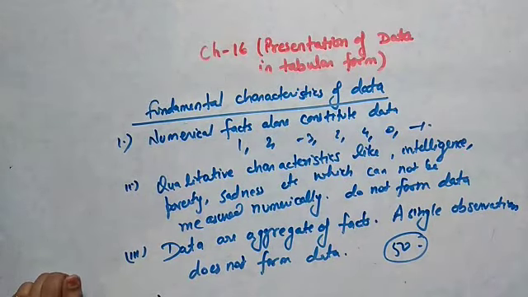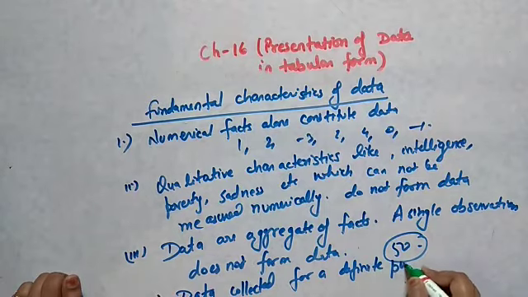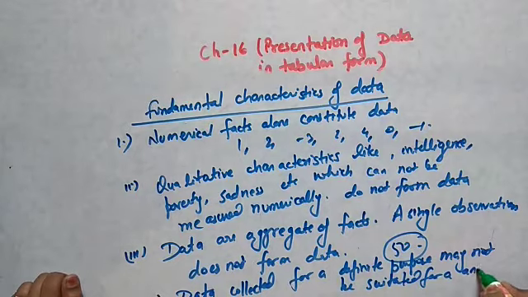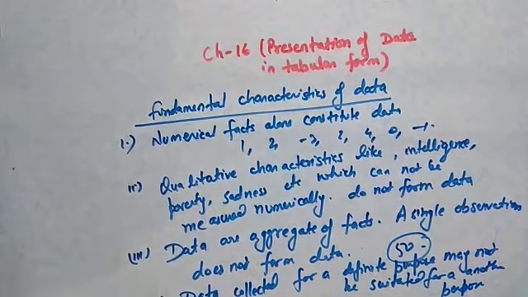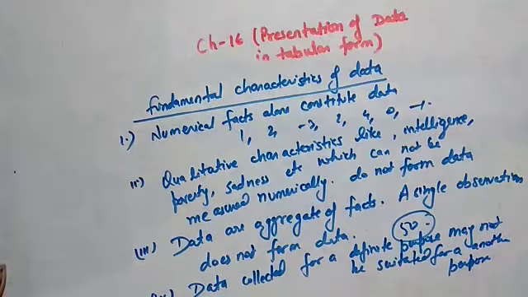Okay, the number 4. Data collected for a definite purpose may not be suited for another purpose. ठीक है, like if I am collecting the data for mathematics marks, it's not possible that the same data we will have for the marks of English subject.